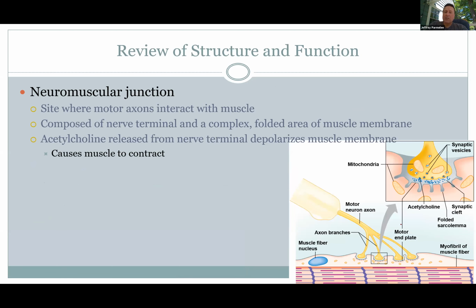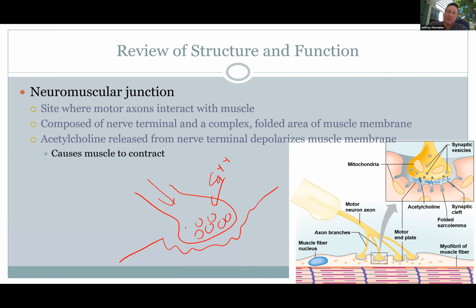The neuromuscular junction, of course, at the end of the axon, you'll have this bulb, and then there'll be a motor end plate on the muscle. And then the impulse, the action potential comes down, right? Calcium ions are going to enter. Then these vesicles filled with neurotransmitter. You guys remember what chemical that is? Acetylcholine will be released.